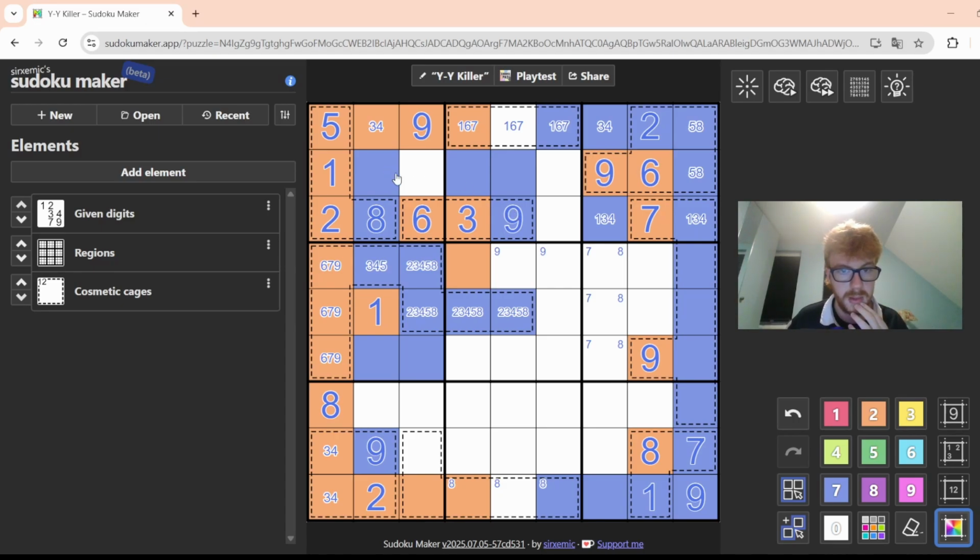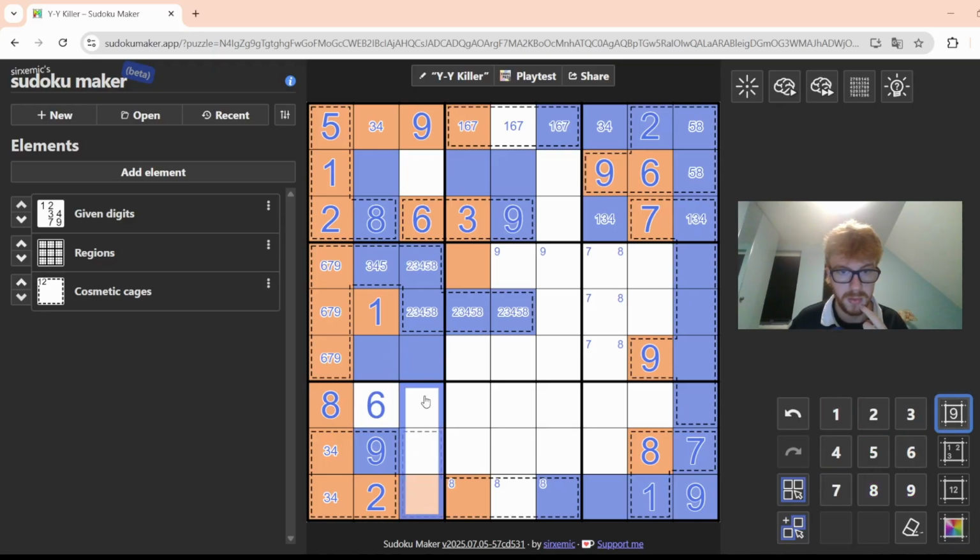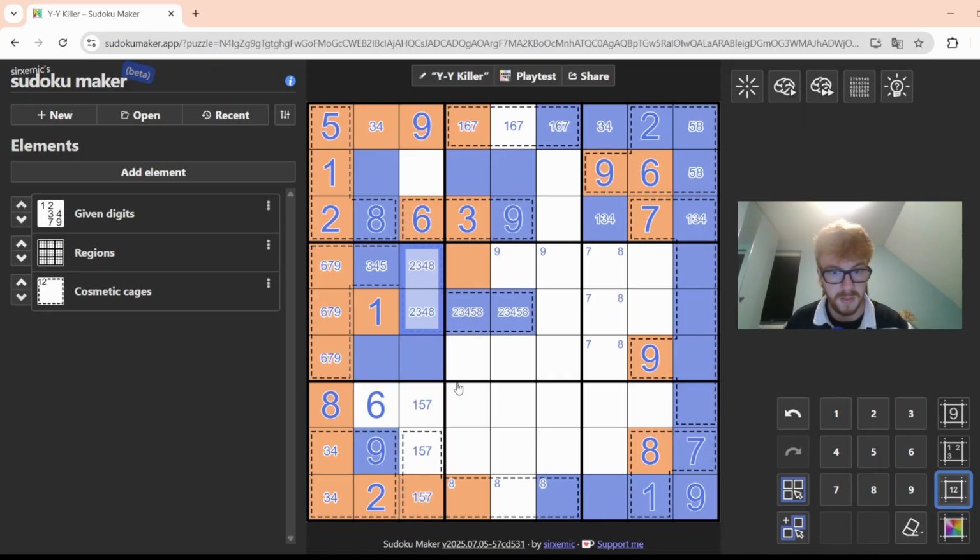Then we have 7 and we have 3 and 4. Well, right, this 6 places a 6 in this box, so one of those is a 7. This is, in fact, 1, 5, 7. Then none of those are 5s. So that's our 7, and that's our 3 or 4.